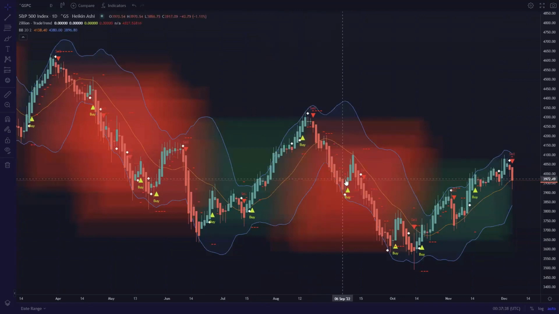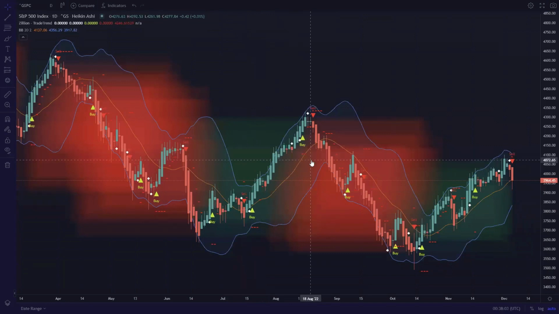So the visualization might be a bit different depending on chart settings, but what it's really doing is using colors to show us where the trend direction is, where the trend momentum is, whether to the upside or the downside. So it's really just going to be basically two color options.